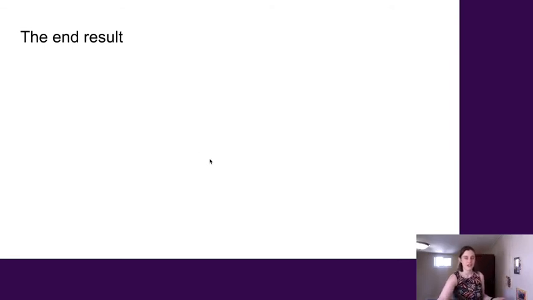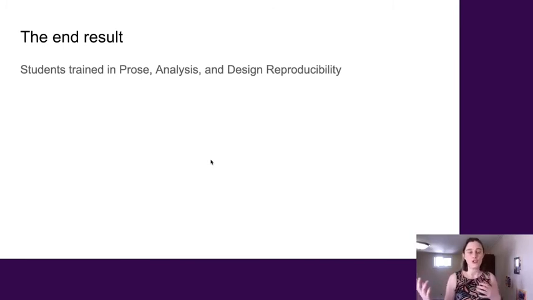So I know I'm running short on time, so the end result of all of this is that my students are trained after a very short period of time in thinking about prose analysis and design reproducibility. They care about the extent to which the language used in the paper allows you to literally reproduce the methods.